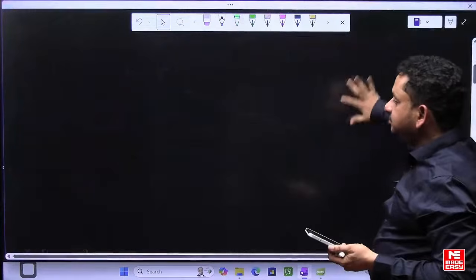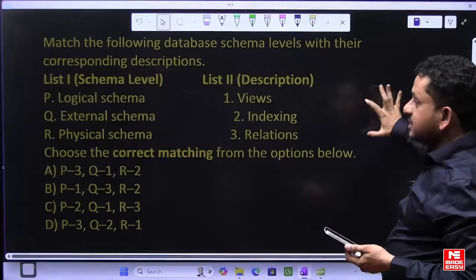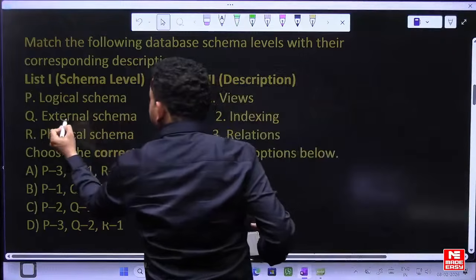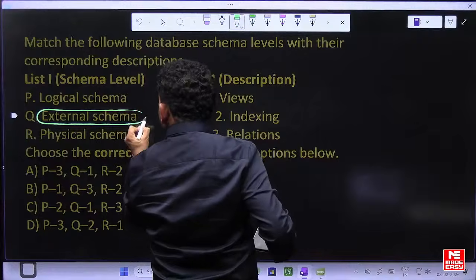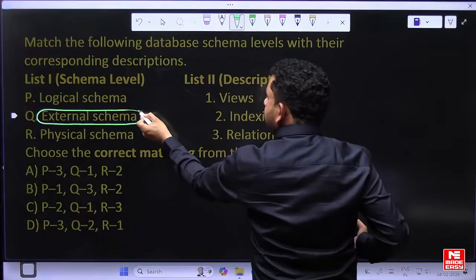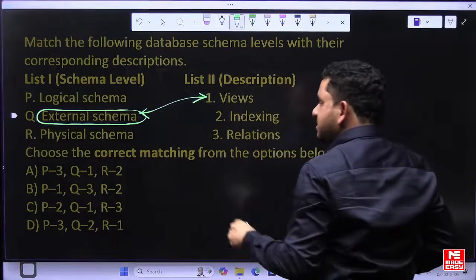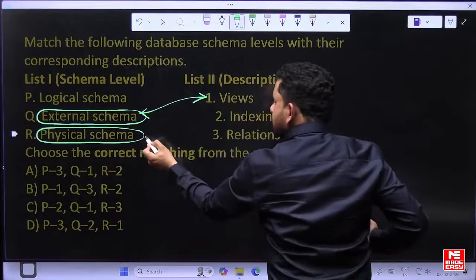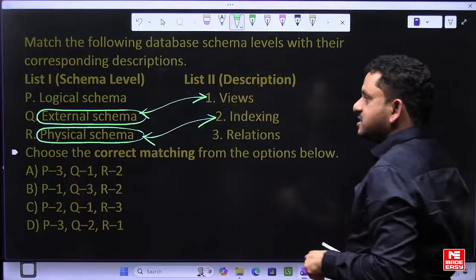Next question, match the following. It is one of the very fundamental questions from DBMS. External schema is the view level, the user interface, a subset of the conceptual schema. Physical schema covers changes of the file system, indexing and structure of the file system.